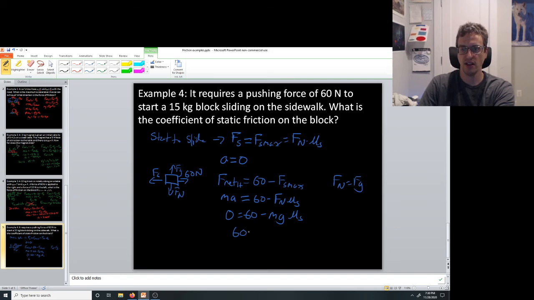And this is 60 is equal to 15 times 9.8 times mu s. We can solve that for the coefficient of static friction to be 0.408. No units for static friction, right? Again, coefficients generally do not have units. All right.